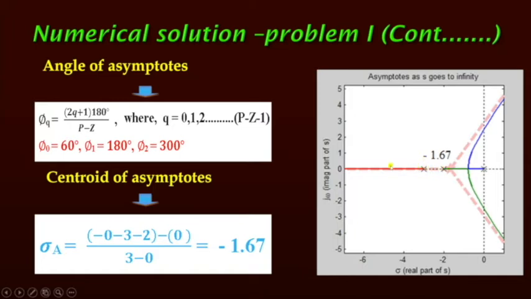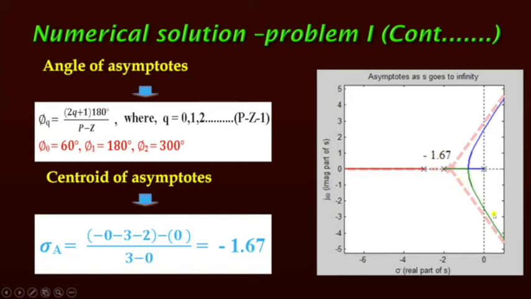So this is another asymptote. This asymptote is at angle 60 degrees and the other asymptote angle is 180 degrees. And the third asymptote uses this 300 degree angle, measured from this side to this side.